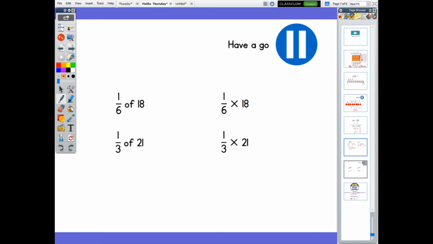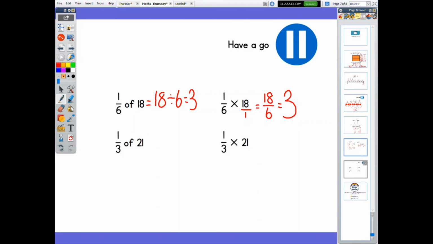Okay, so if you've got a sixth of 18, you can do 18 divided by 6 to give you 3. So a sixth of 18 equals 3. Or you could do 1/6 times 18. So you could put your 18 over 1. You've got 18 sixths, which simplifies to 3.